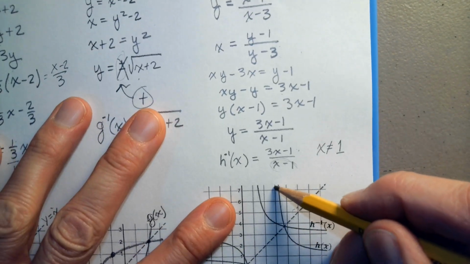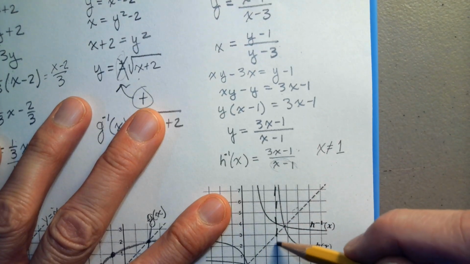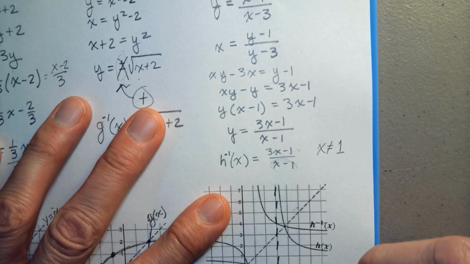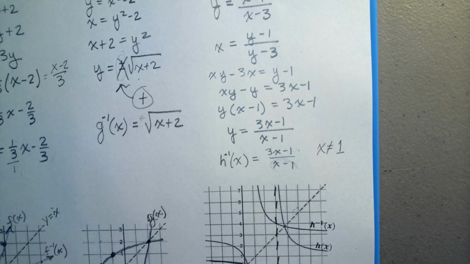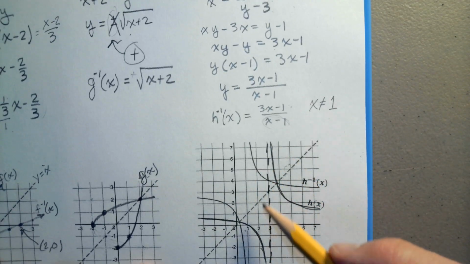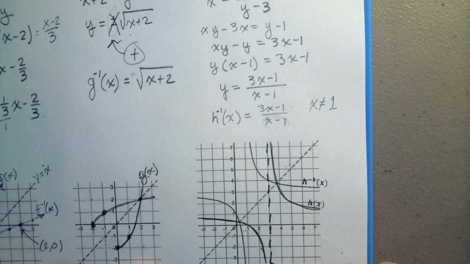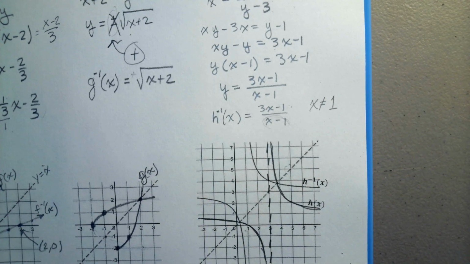So you can see here's 3. So the restriction on that one at 3 is where the asymptotic function is for the other one.